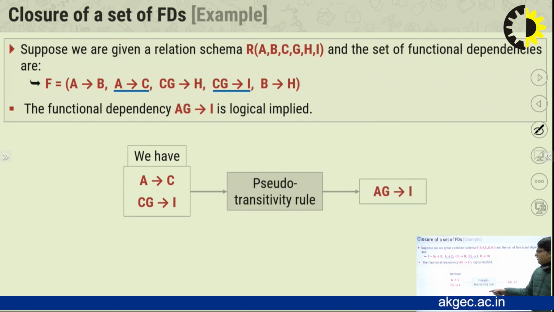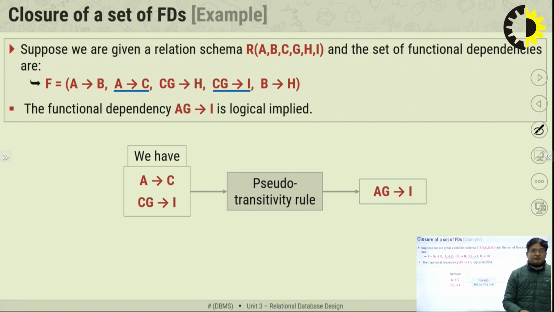Using the pseudo transitive rule we can say that AG determines I. This is also a new FD that we have computed with the help of existing attributes, like we have done in the previous slide.